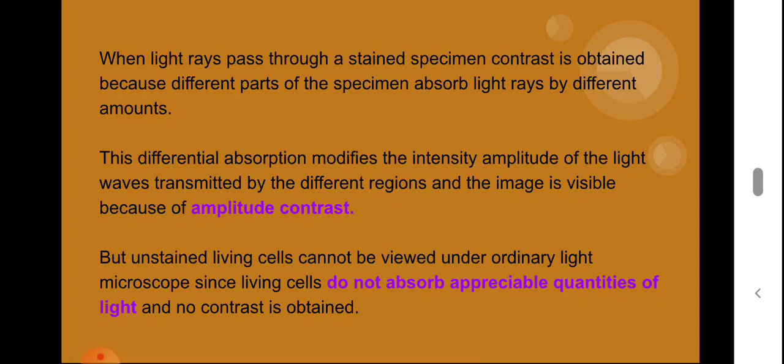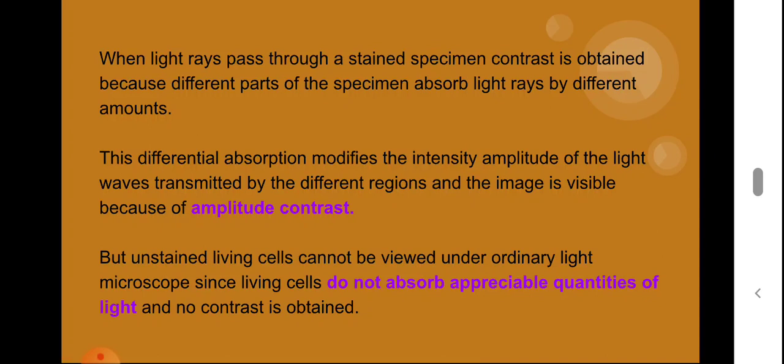When light rays pass through a stained specimen, contrast is obtained because different parts of the specimen absorb light rays by different amounts. This differential absorption modifies the intensity, or amplitude, of the light waves transmitted by the different regions, and the image is visible because of the amplitude contrast.